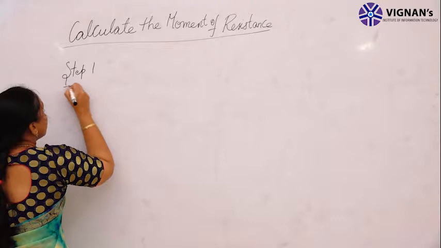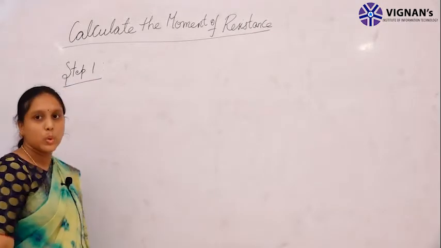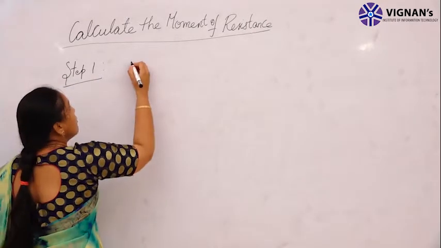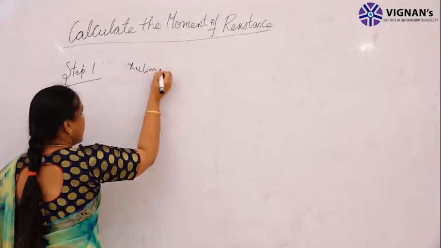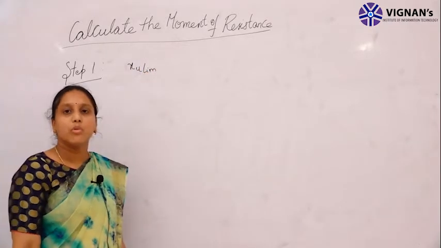So, the first step is to find out the value of XU limiting, that is, the limiting depth of the neutral axis.